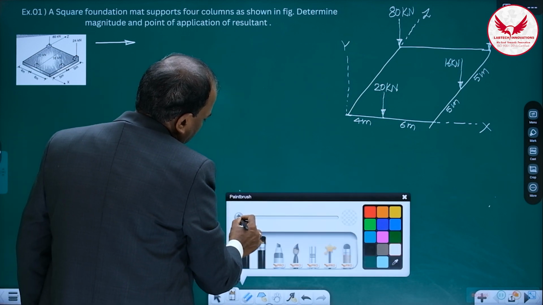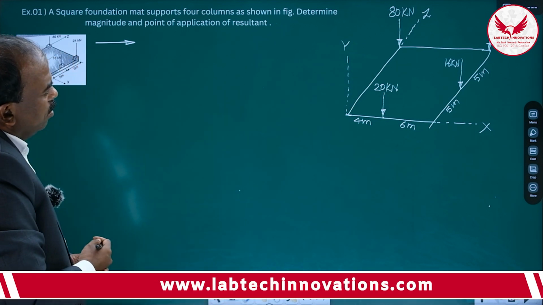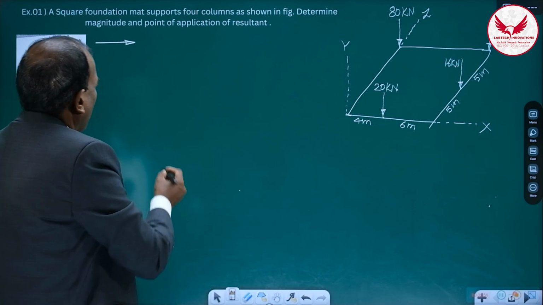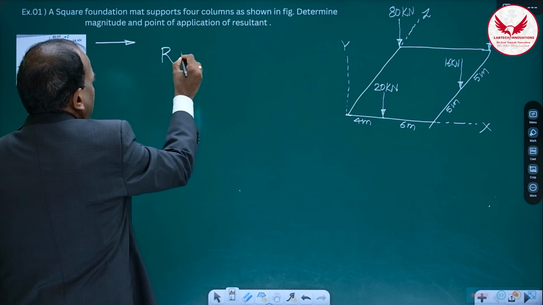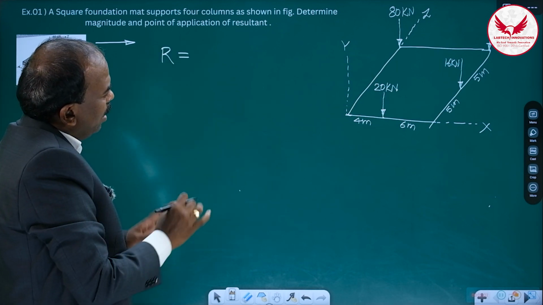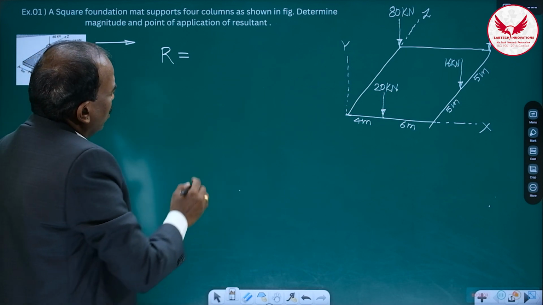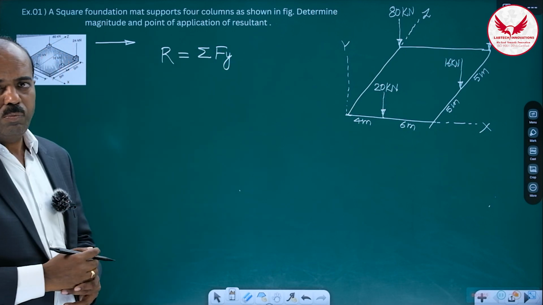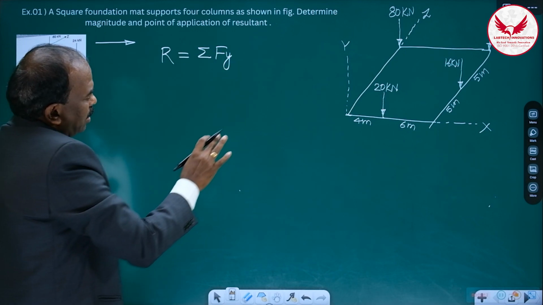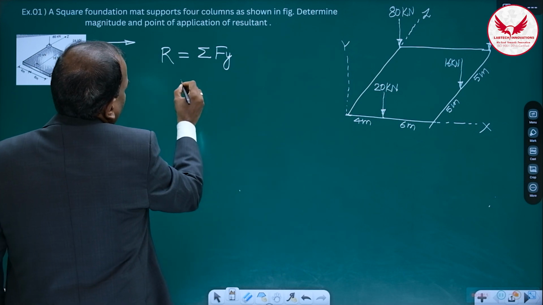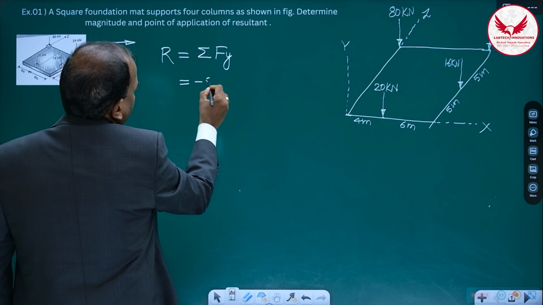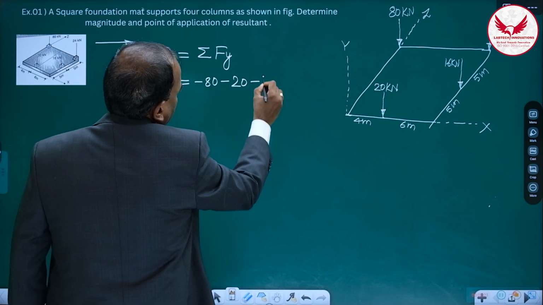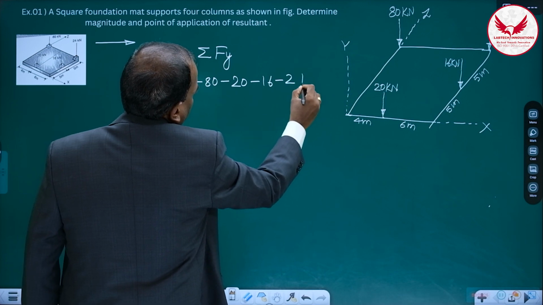Then what we have to do? Once we have this sketch, the very first step in the resultant of parallel forces is what? R is equal to... All these forces are parallel to y-axis. Summation Fx and summation Fz is 0. Means R is equal to summation Fy. Just see these 4 forces are there, in downward direction: minus 80, minus 20, minus 16 and minus 24.